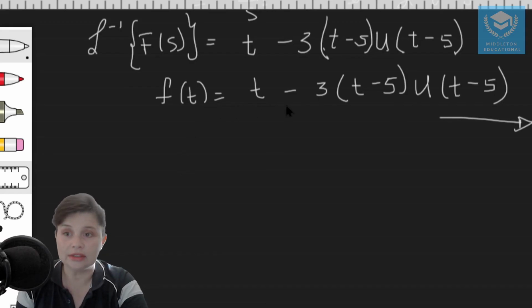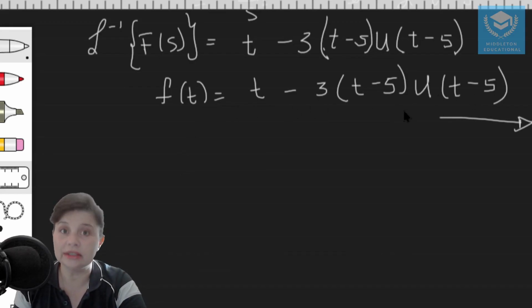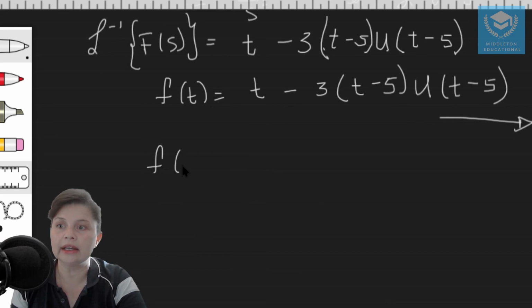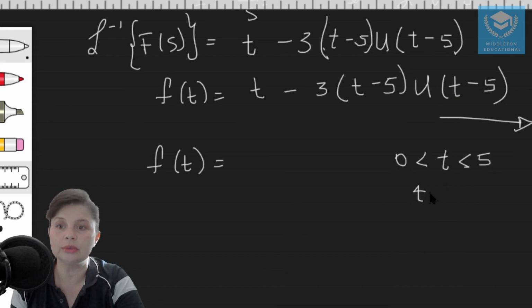Now, this answer can be written in interval notation. Interval notation is where you write it as the discontinuous function. So we know we'll have f of t equals our intervals here. You see that the step function is u of t minus 5. So that means you're going to have t between 0 and 5, and you're going to have t which is greater than 5.